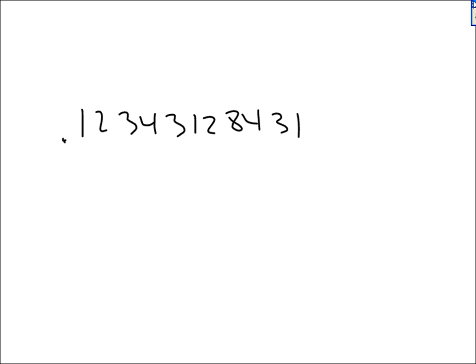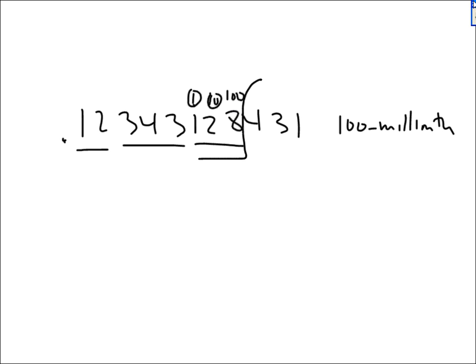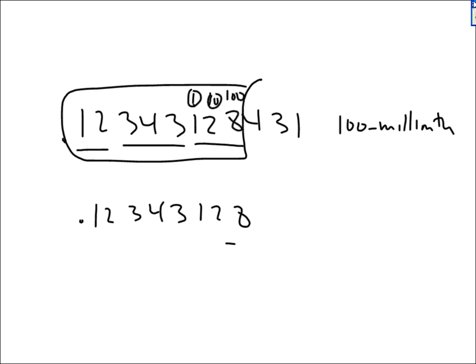Point 1, 2, 3, 4, etc. You're being asked to round off to the 100 millionths. Well, the tenths, the hundredths, the thousandths, these are the millionths. That's the 1 millionth, the 10 millionths, that's the 100 millionths. So, either the answer is what I just boxed, or add 1 to that position.